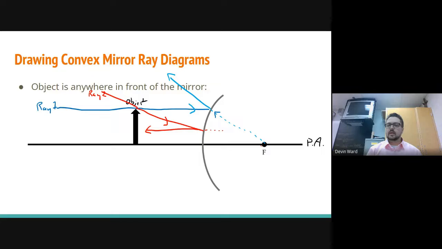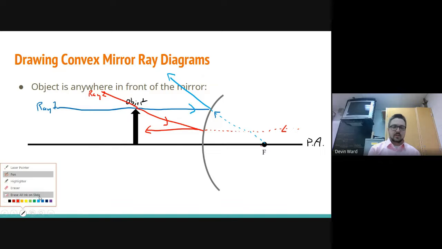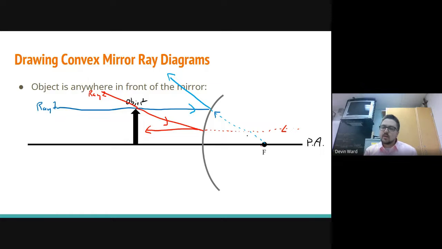But it looks like it's coming from here. Okay, so look, the reflected ray looks like it's originating somewhere over here and just goes straight out. This one looks like it's coming straight out of the focal point. So where do these two lines cross? They cross, like I kind of gave away in the last slide, virtually right here.